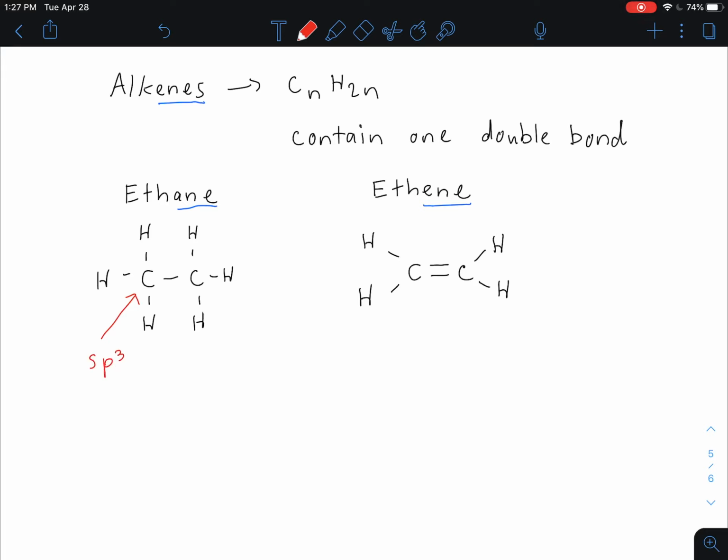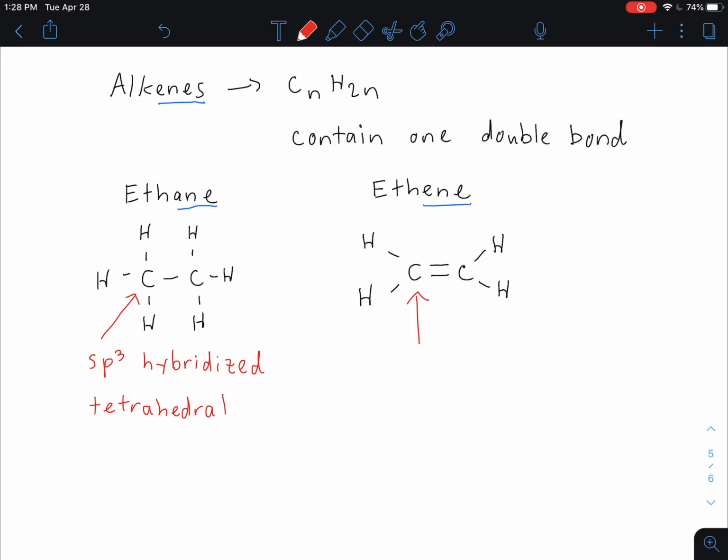So then let's talk about ethane. When we look at this carbon, we'll call it sp3 hybridized, and that's to indicate that there are 4 electron pairs around that atom, and it's using 4 orbitals, sp3, in order to do this. And we would say that its electron domain geometry and molecular geometry are both tetrahedral.